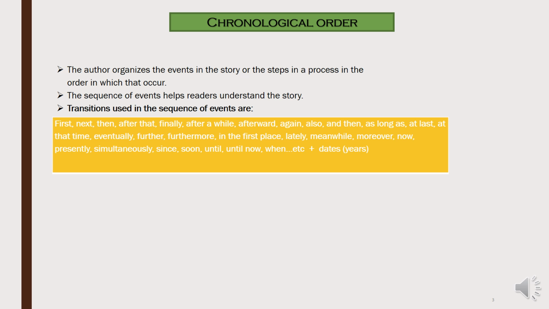In this kind of order, we use some transitional signals or transitions such as first, next, then, after that, finally, after a while, afterward, again, also, and then, as long as, at last, at that time, eventually, further, furthermore, in the first place, lately, meanwhile, moreover, now, since, soon, until, and we use something very important, which is the years.